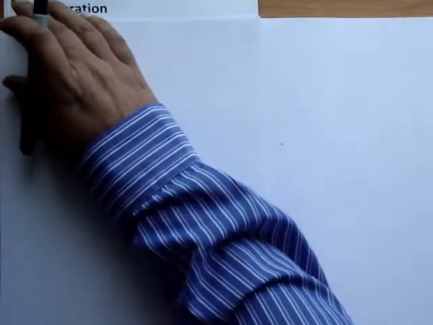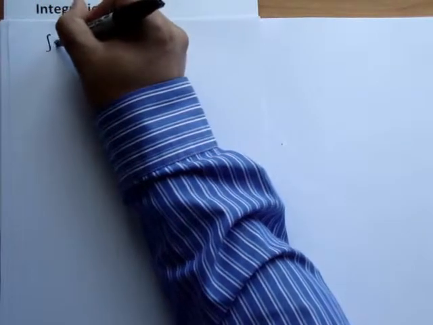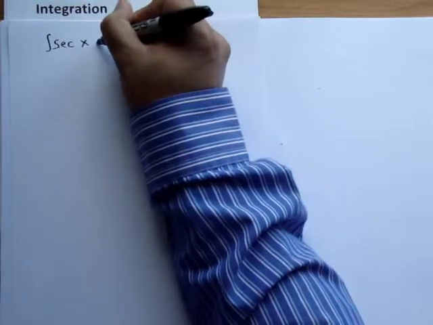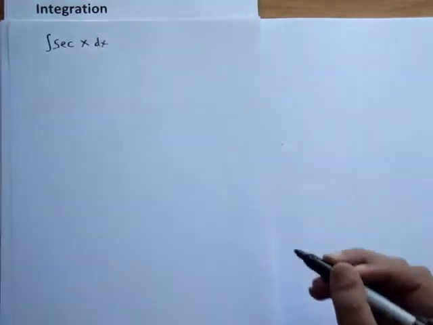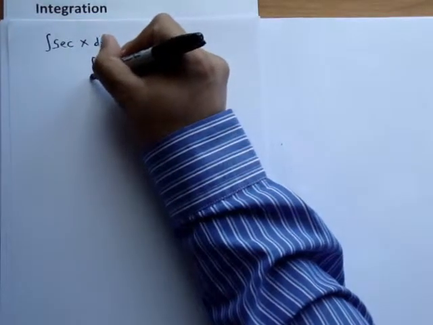In integration by trig substitution, right at the end, we're going to integrate a trig function. So let's have a look at some common secant functions. If we have the integral of secant x dx, what we can do is a little trick.